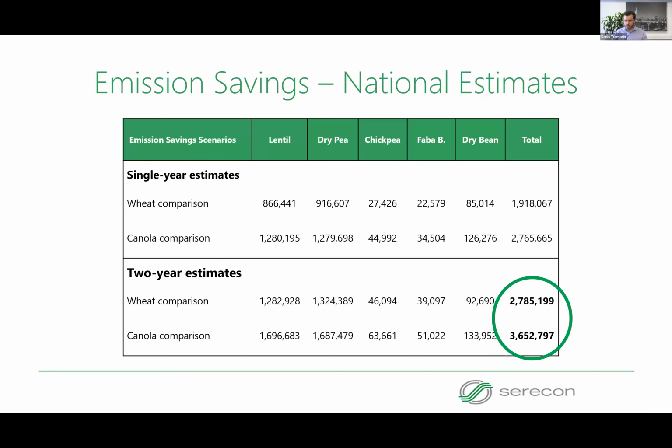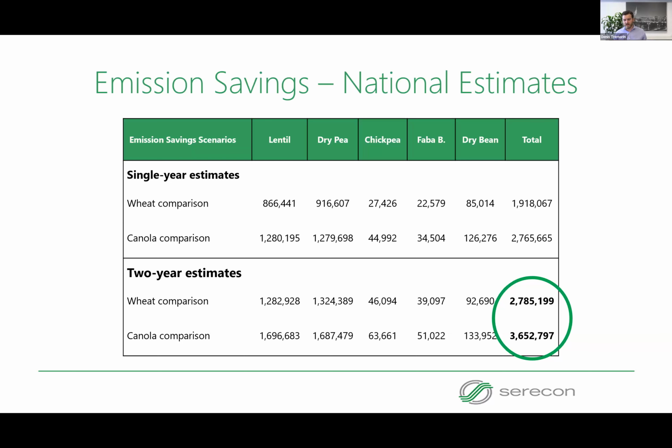And through that report I just mentioned, we actually nationalized that benefit. If we talk about the impact of crop production across Canada, the amount it produces in terms of greenhouse gas emissions is about 25 or 26 million tons of CO2 equivalent.